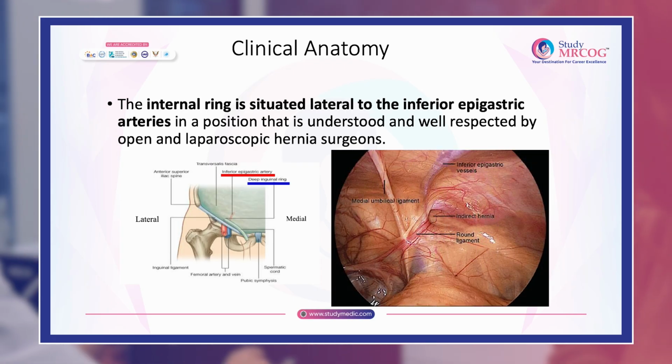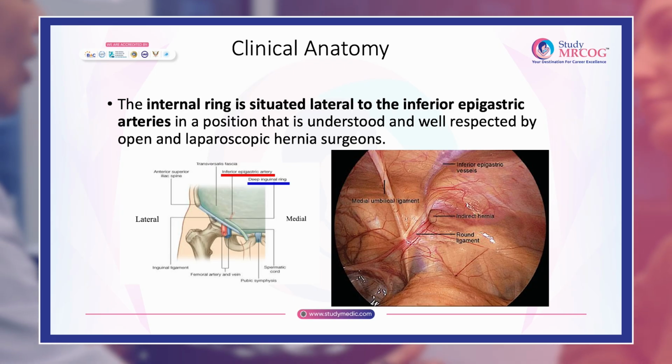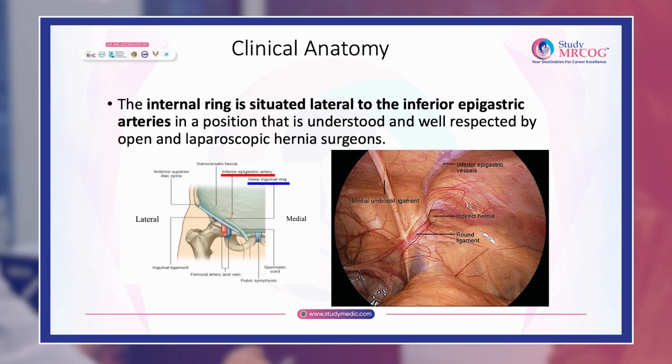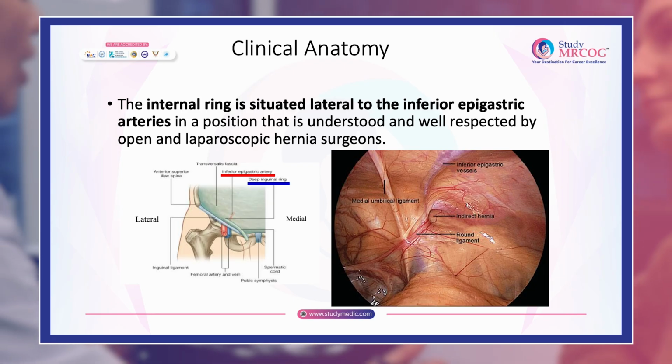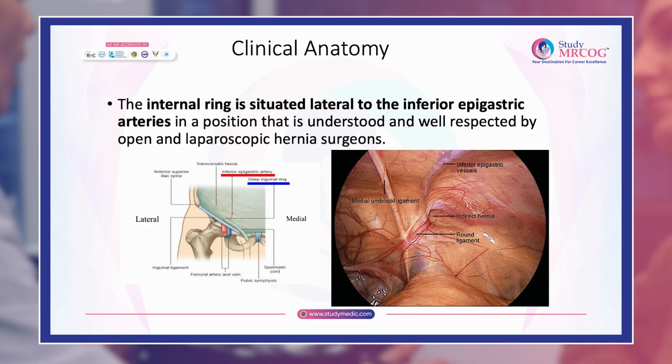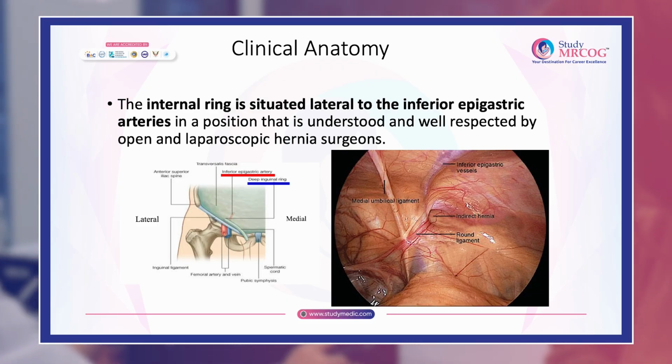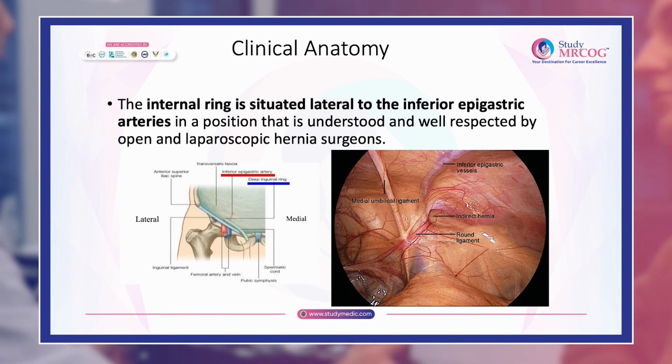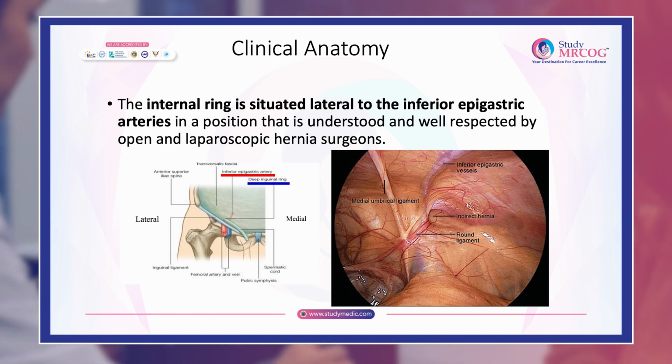Here they will give you an image and ask you to identify the round ligament, which is clearly seen passing through the deep inguinal ring. So we must know that the structure clearly seen on laparoscopy passing through the deep inguinal ring is the round ligament, or you may be given an image question and asked to identify the round ligament.